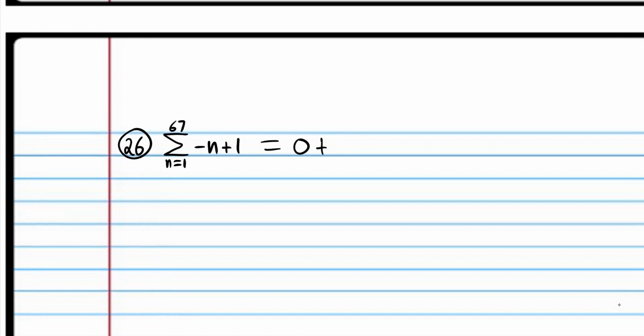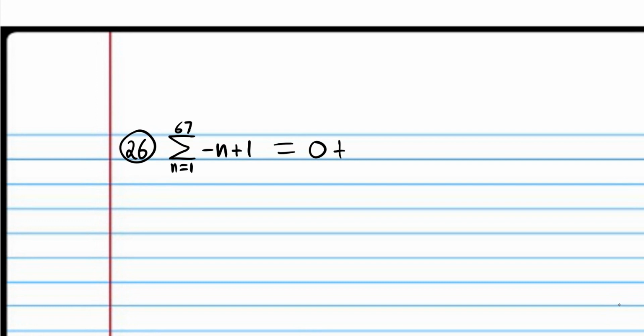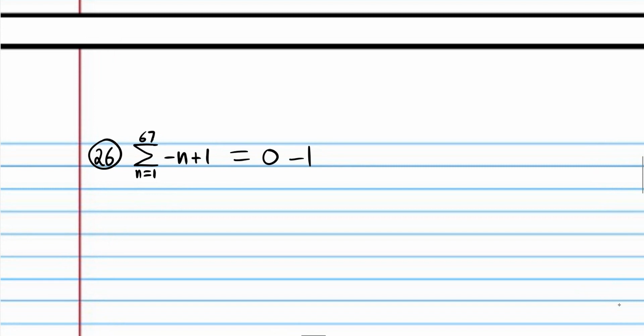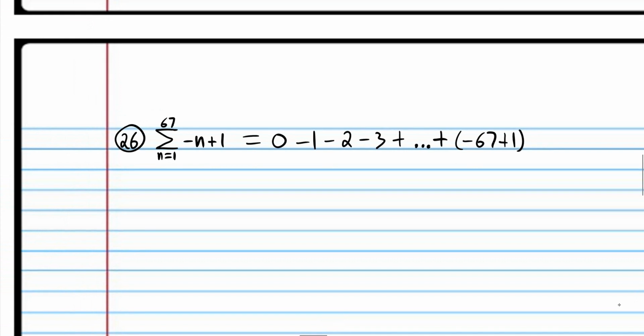Plug in 2, and you get -1. And plug in 3, and you get -2, -3, and so on and so forth. And the last term would be -67 plus 1. So this is obviously an arithmetic sequence.